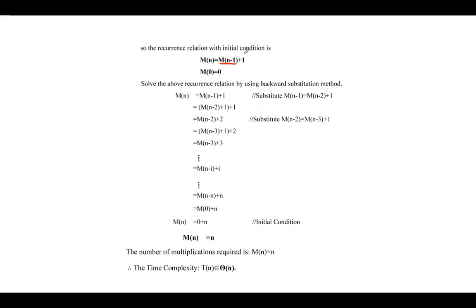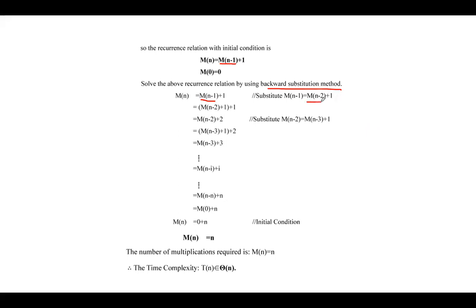That is the recurrence. We call that a recurrence relation. To solve this recurrence relation, we are going to use one method called the backward substitution method, wherein M(n) is equal to, we know, M(n-1) plus 1. So this M(n-1) is nothing but M(n-2) plus 1.